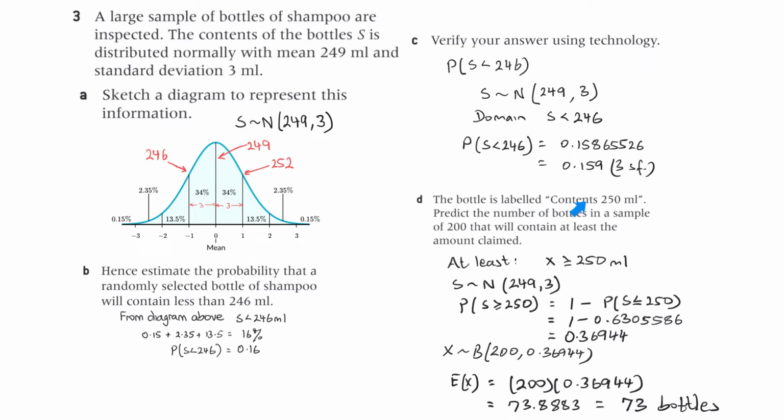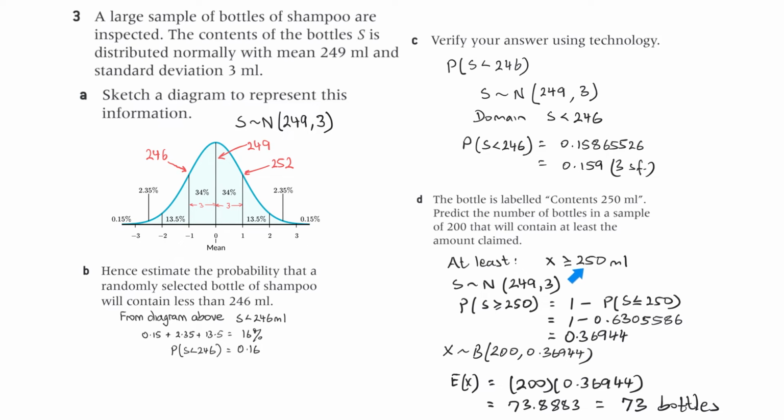D, the bottle is labelled contents 250 ml. Predict the number of bottles in a sample of 200 that will contain at least the amount claimed. Well, at least means 250 or above. So S is greater than or equal to 250 mil. Again, S is distributed normally, with 249 mean and 3 standard deviation.